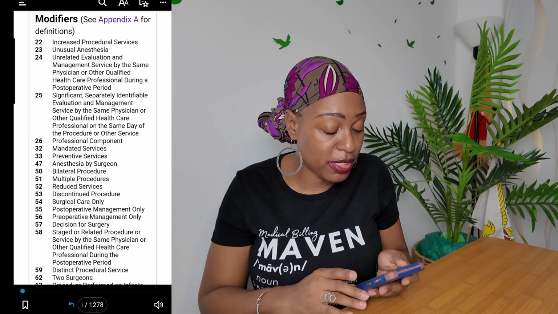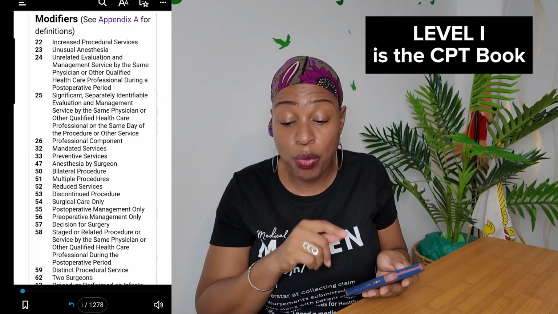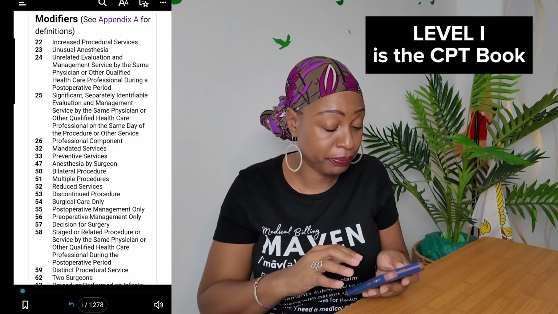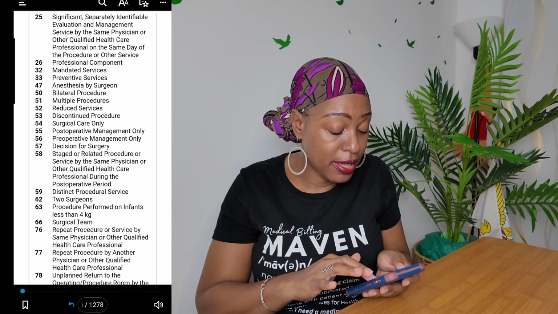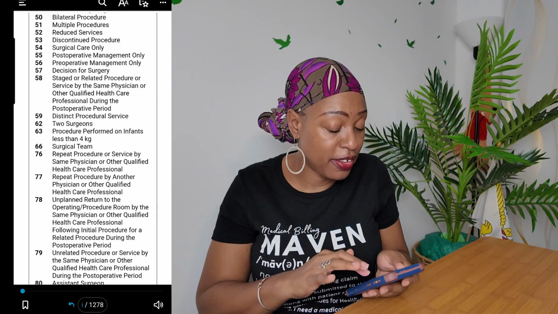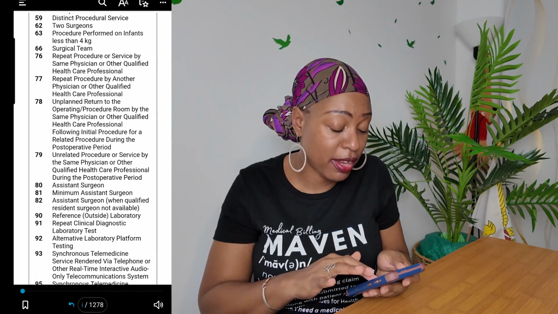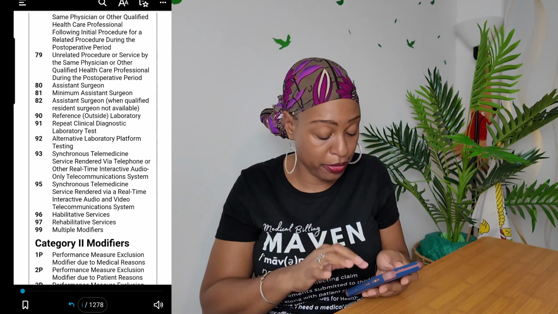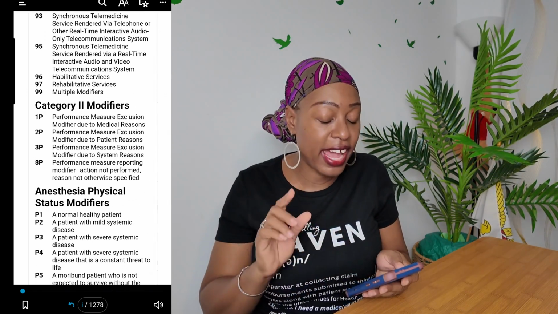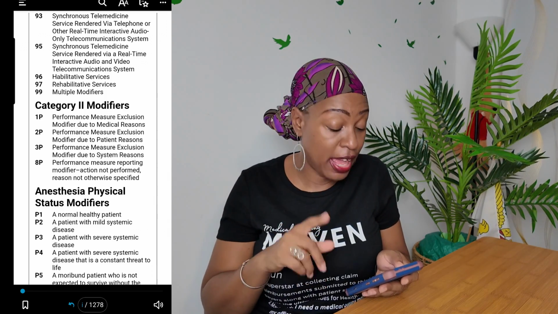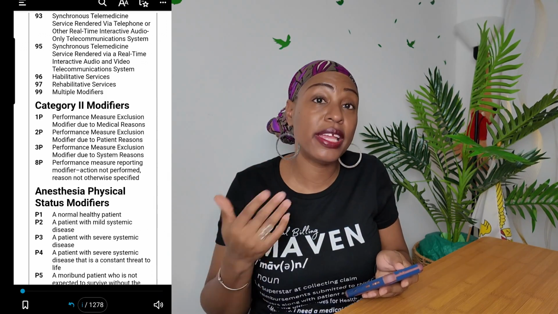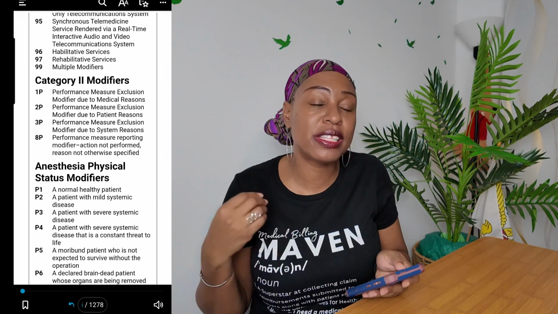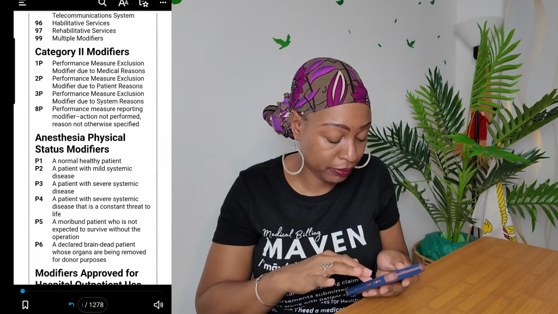The first ones that you should be seeing here are the level 1 modifiers. Level 1 means the CPT book. As you can see, there are a few different modifiers. These modifiers are numbers. There are no letters attached to them. Then you have the category 2 modifiers, where category 2 is also in the CPT book. These are more performance measure modifiers.